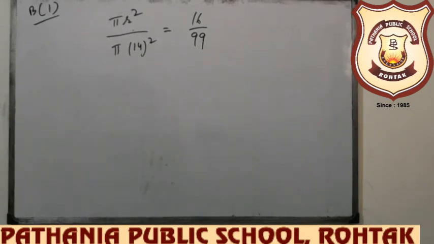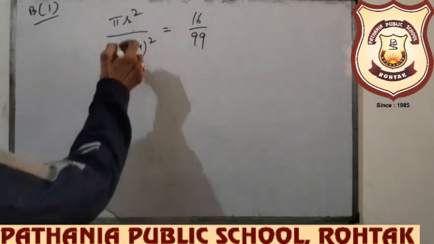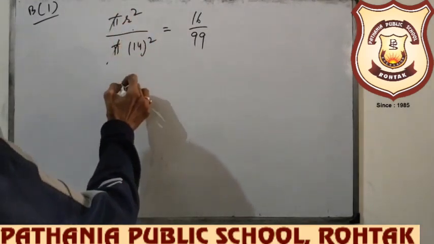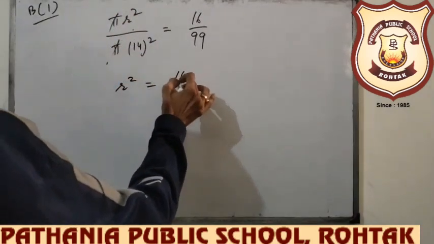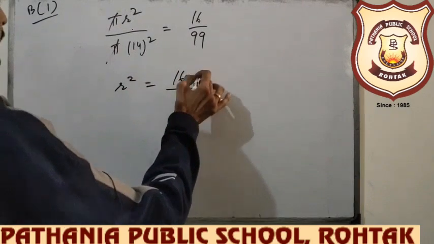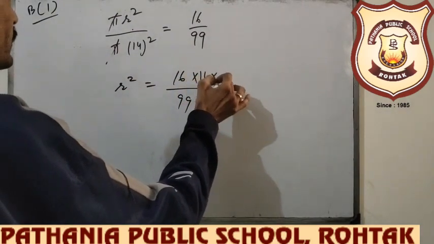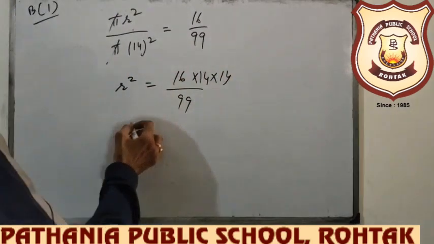So beta, cancel pi to pi, ये cancel करो. r square is what? 16/99 into 14 into 14, because it is 14 square.